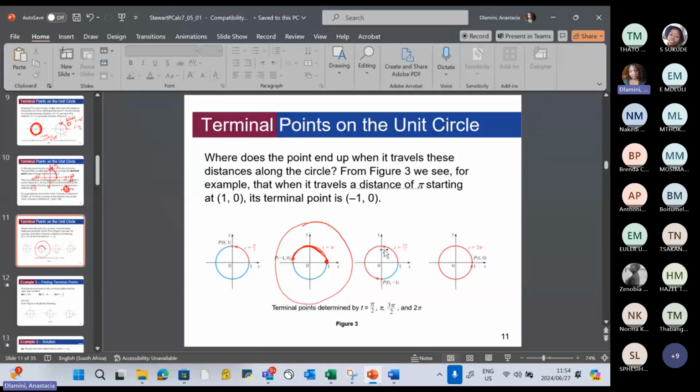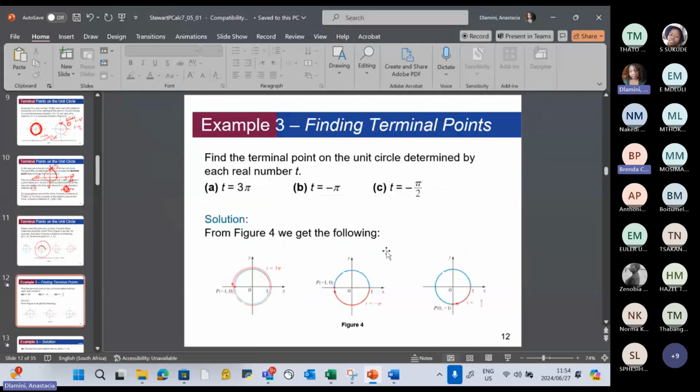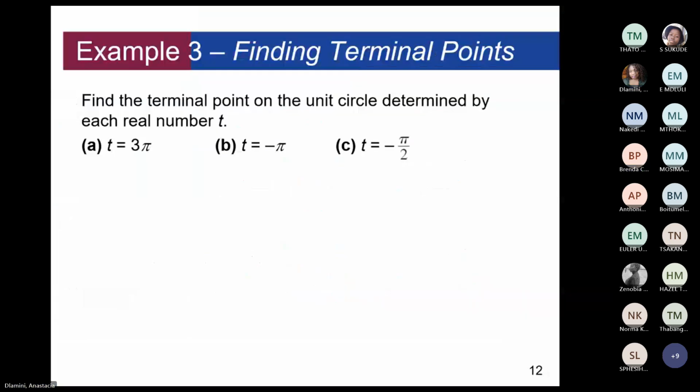I don't like when I open the slides, it gives you answers. Find the terminal point on the unit circle. Let's discuss that. We want the point where t, which means the distance, is 3 pi.